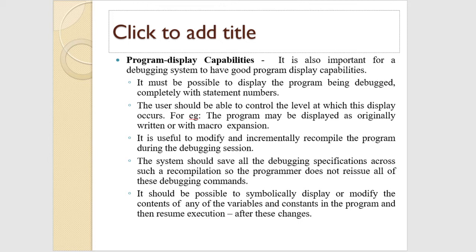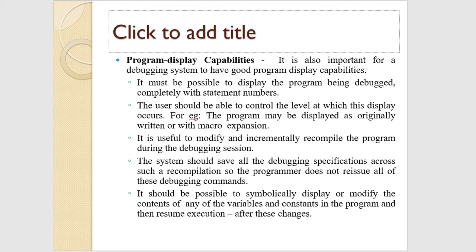For example, the program may be displayed as originally written or with the macro expansions, which means the full program details, for example, name, then parameters and body of the code. Then keep track of any changes made to the program during the debugging session.